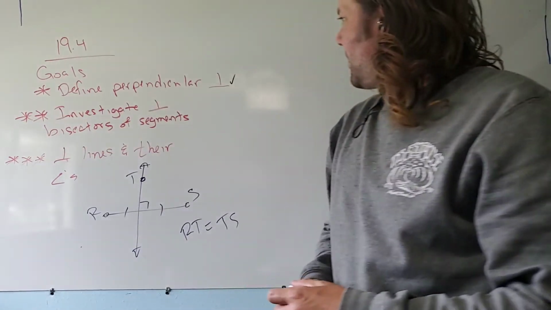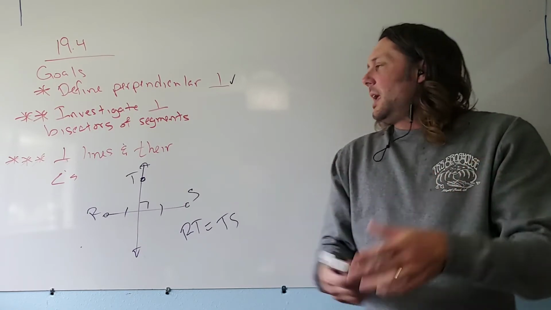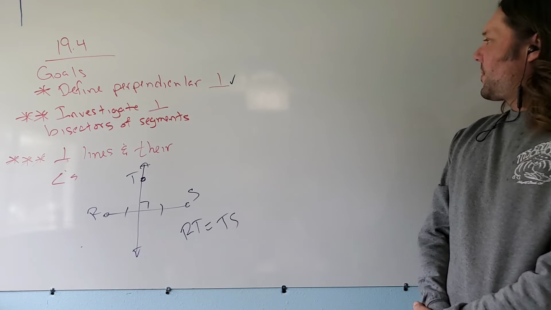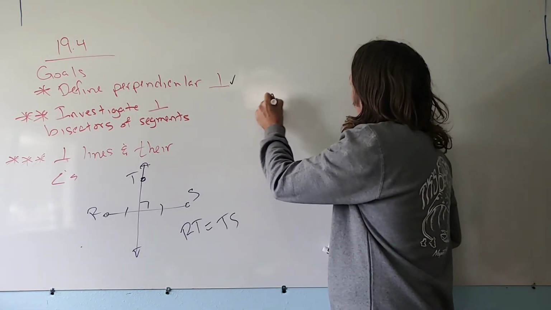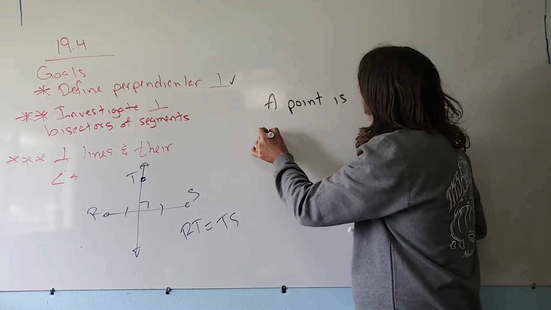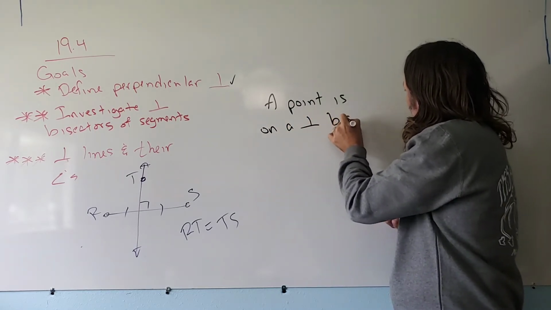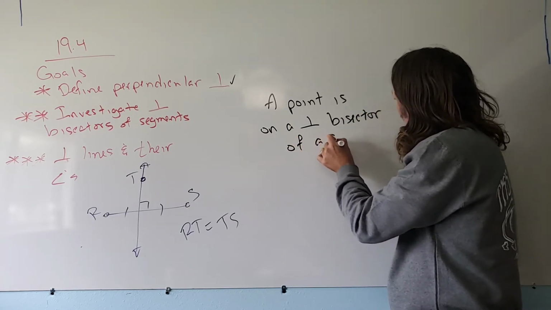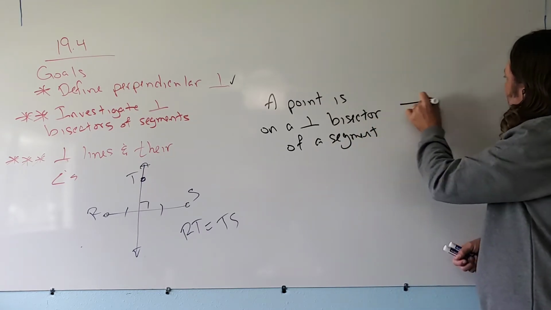So in math, we have what's called a biconditional statement, which means it's a statement that you can use in both ways. I think this is actually the best way to look at this. It will say a point is on a perpendicular bisector of a segment, and we have this symbol in math that looks like this.